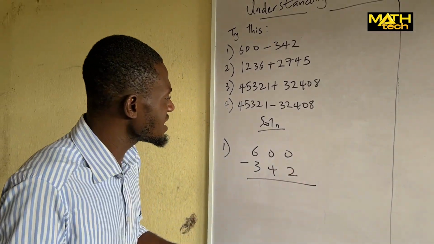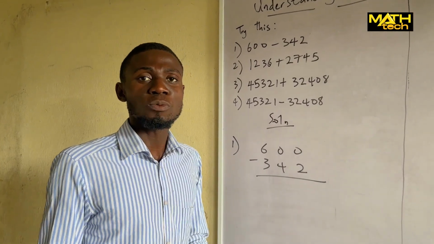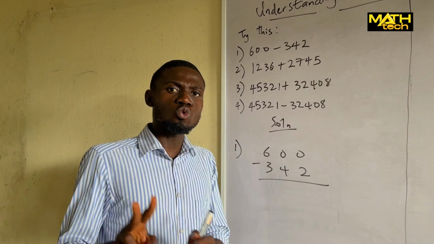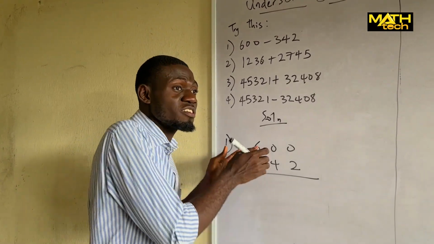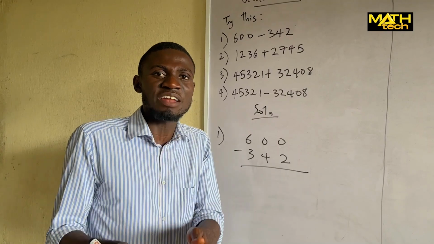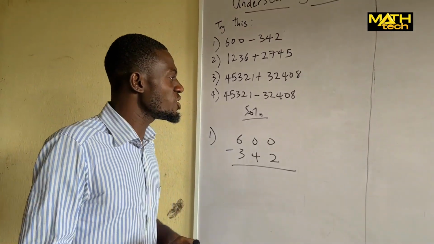But now 2 is greater than 0. How can you take out 2 from nothing? It's not possible. Firstly, I will give you 2 ways of doing that: the very simplest way that most of us know, the basic way, and I'll also make it a bit advanced for most people. Now take your mind back to the number base system.